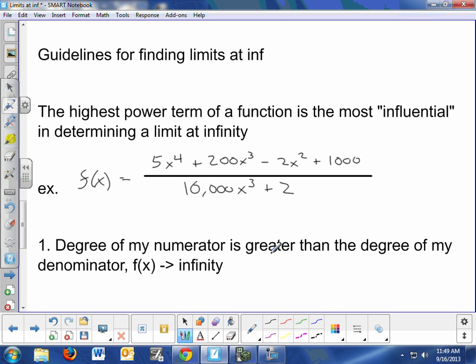Okay. As x approaches infinity, the only thing that really is going to matter is this.